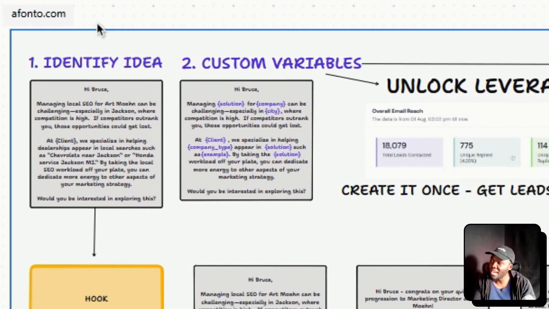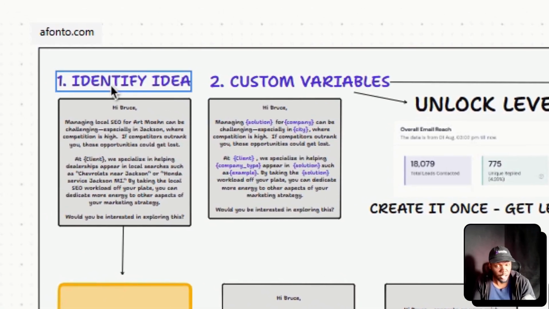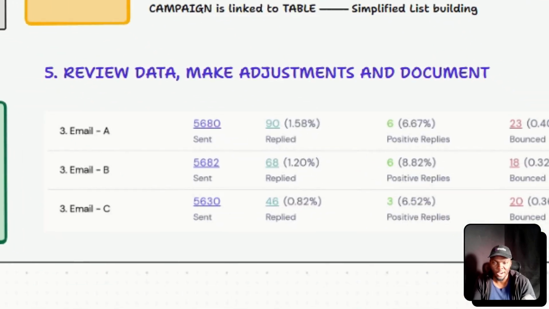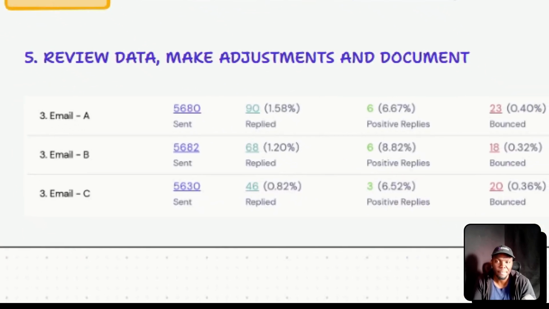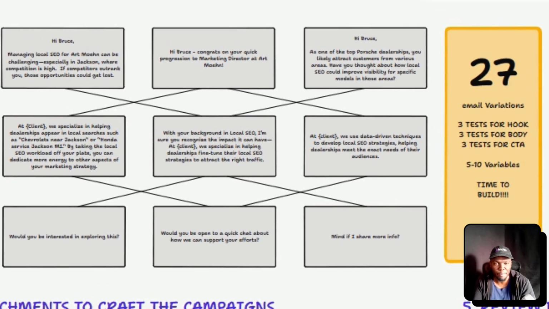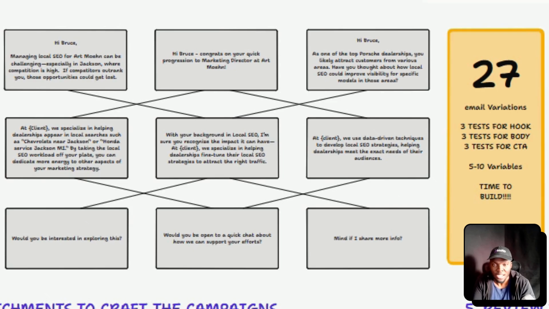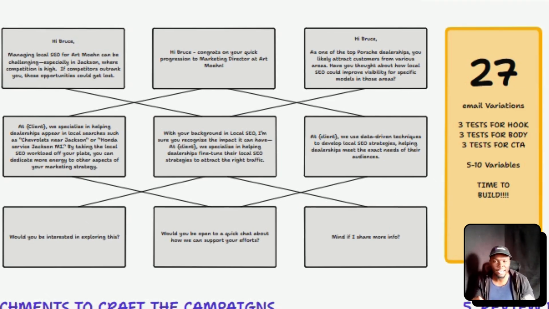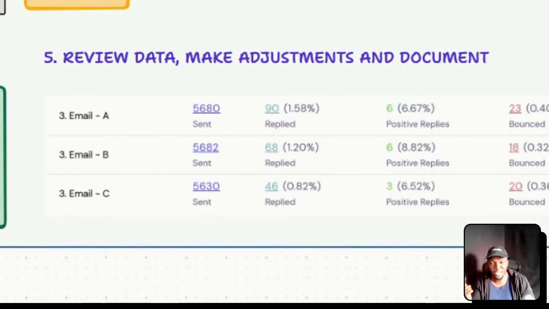And so where we identify the ideas, another place is from our existing database of campaigns. When we've run all of these campaigns for different clients across different industries, we can actually start to pinpoint some of the things that work. And how we do that is by having data, reviewing that data, and then documenting that stuff.